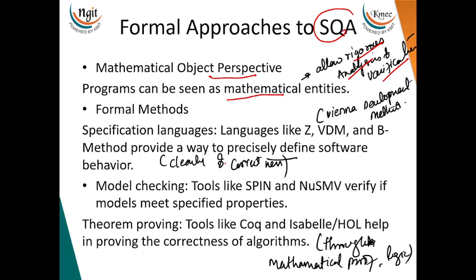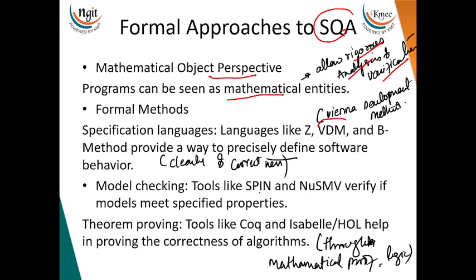Okay, that is the mathematical perspective. Formal methods: specification languages like Z, VDM (Vienna Development Method), and the B method provide a way of precisely defining software behavior, clearly and with correctness. How the software behaves is specified clearly and correctly.